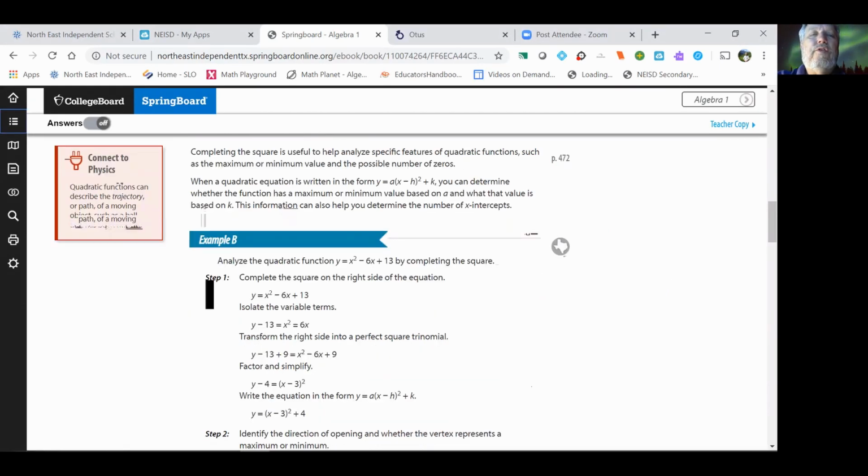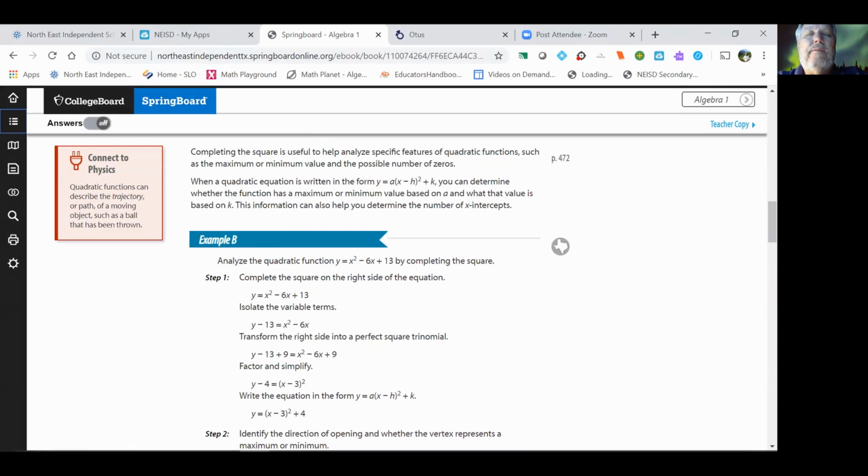Completing the square is useful to help analyze specific functions of quadratic functions, such as the maximum or minimum value or the possible number of zeros. When a quadratic equation is written in the form y equals a times x minus h squared plus k, you can determine whether the function has a maximum or minimum based on the value of a.